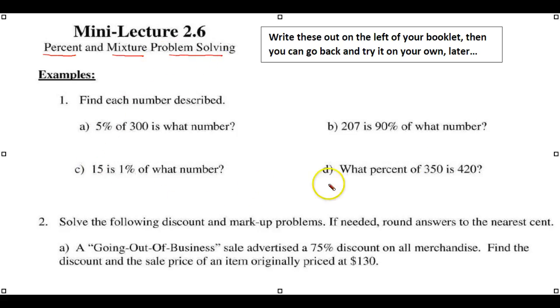So as we look at percent, I think the key is to set it up as an equation. Now often when they're written like this, you can just directly transfer this information into algebra or arithmetic in some cases. So let's look at letter A. 5%. Well, we convert that to a decimal.